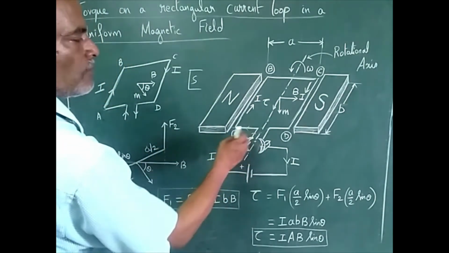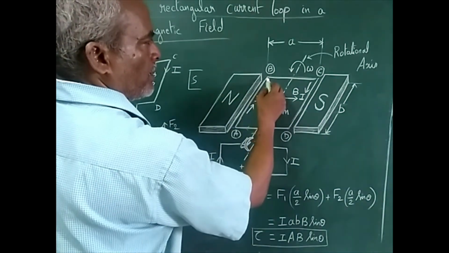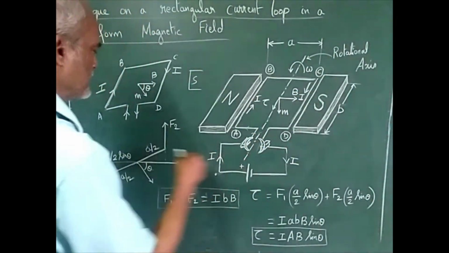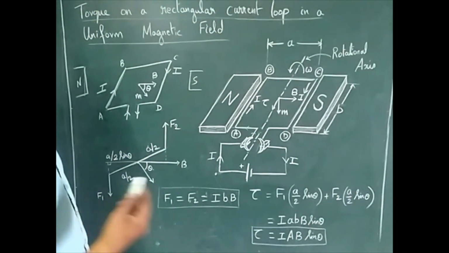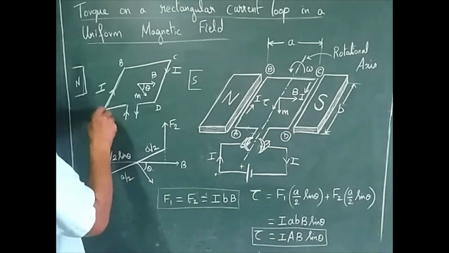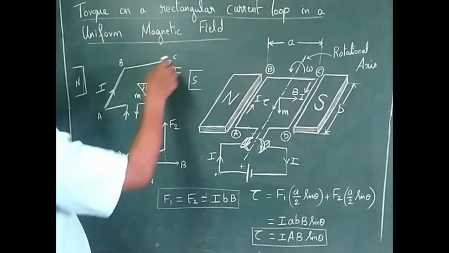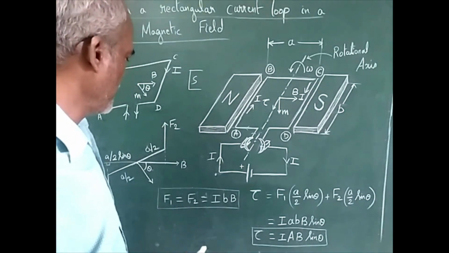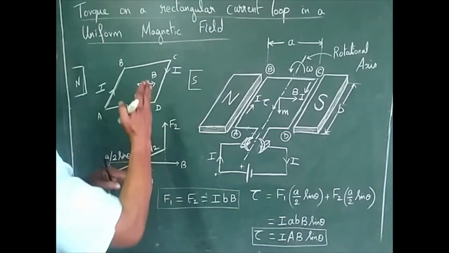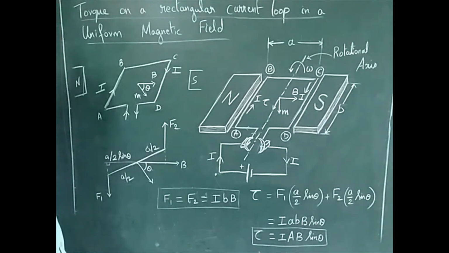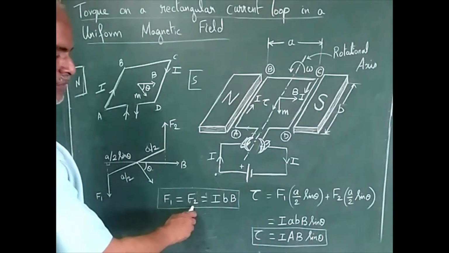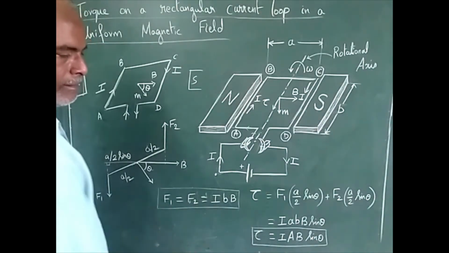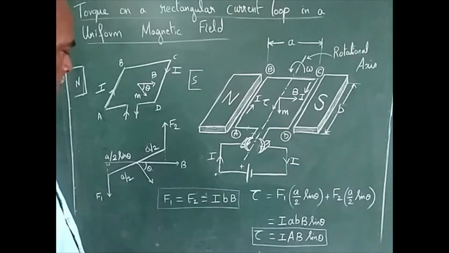So the current flows through the coil AB, BC, CD and comes back again. But we know that the current from A to B and C to D, the net force is 0. But since it has been tilted, F1 is equal to F2 is equal to I B B. That is always there.